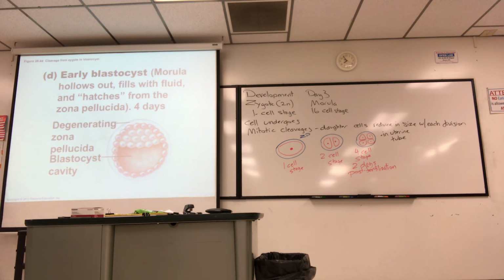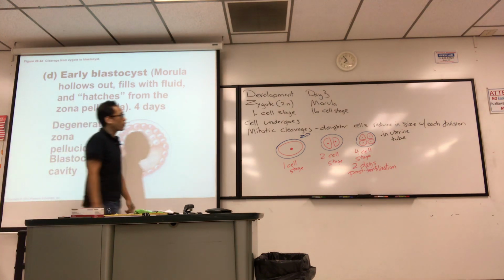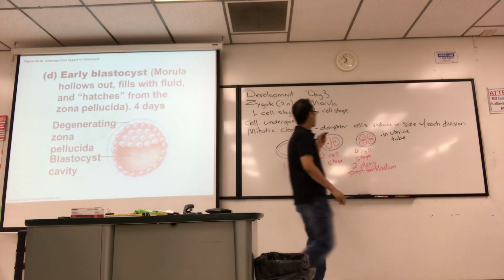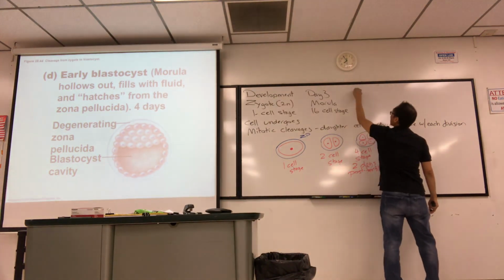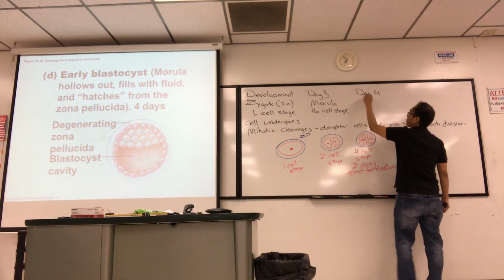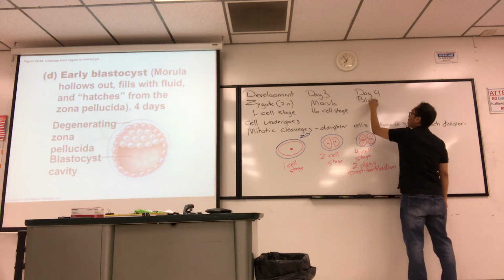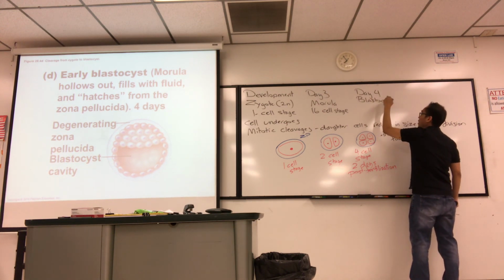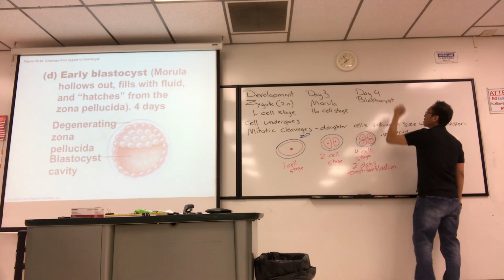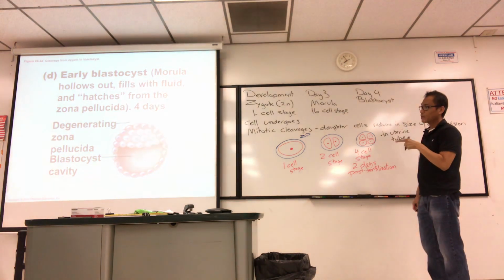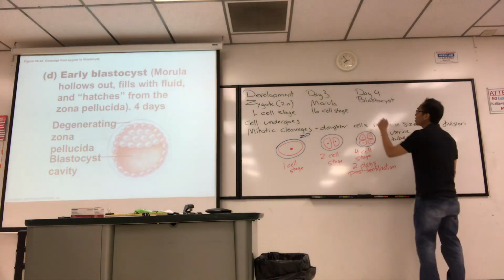Because, let me write what I just said down first. Day 4. Blastocyst. Got a degenerating zona pellucida.